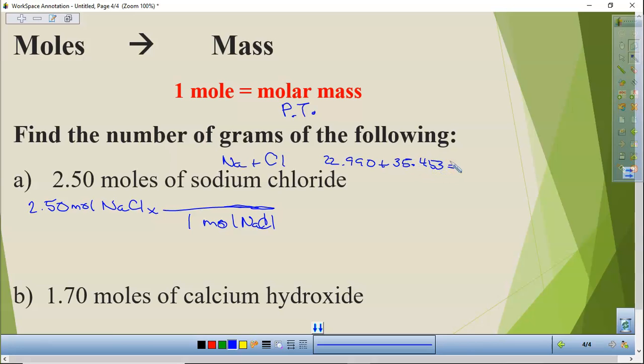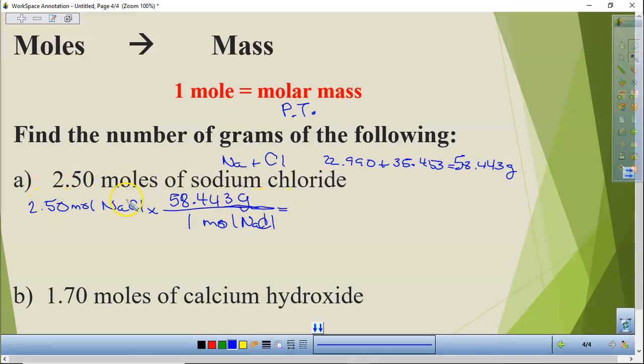Add those two together, and I get 58.443 grams. That's the molar mass, the mass of sodium chloride per mole. So I'm going to use that right here: 58.443 grams of sodium chloride.